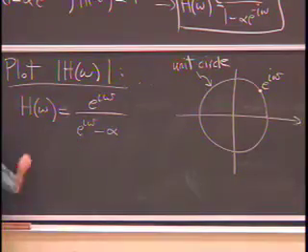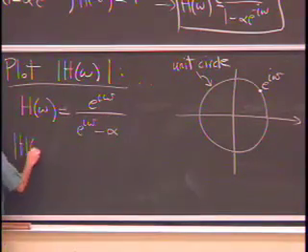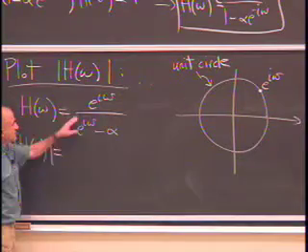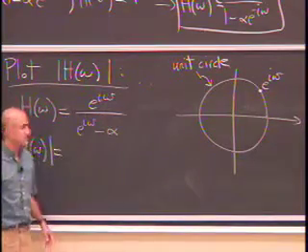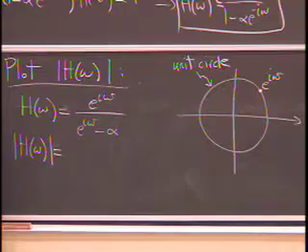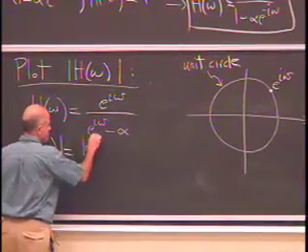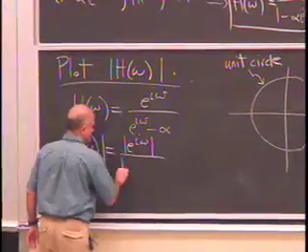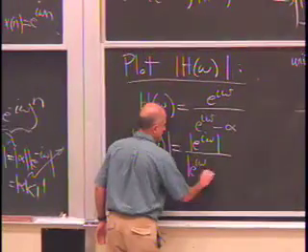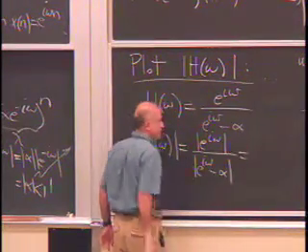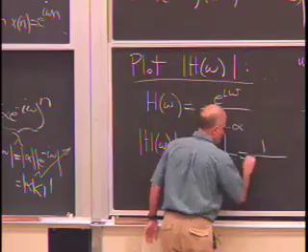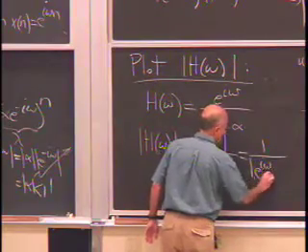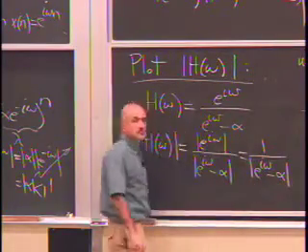When I look at the magnitude of this function, magnitude of a ratio is what? Ratio of the magnitude. So I have the magnitude of e to the I omega over the magnitude of e to the I omega minus alpha. And what do I have in the numerator? 1. So I have 1 over the magnitude of this quantity.